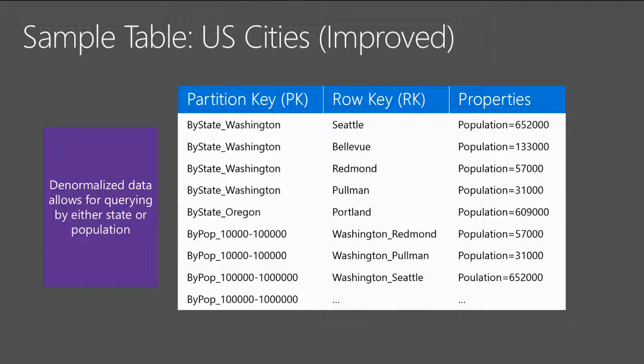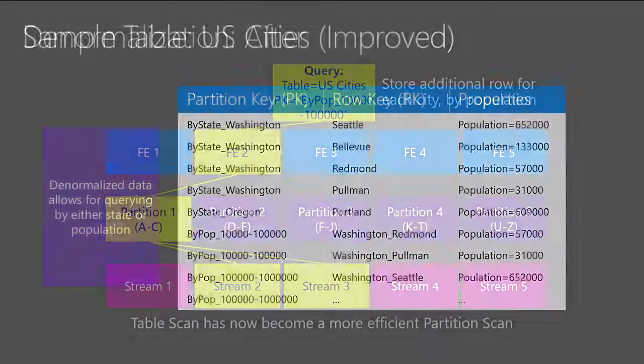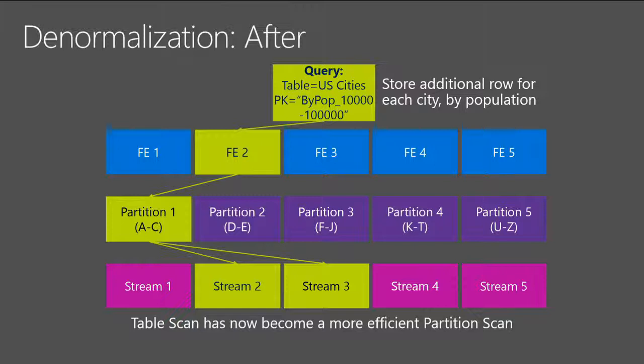So now if I know what population range I'm trying to get, then I can do a query that's just a partition scan. So in this one, afterwards, I say, get me all the cities that are between 10,000 and 100,000 people. Now this is a nice, much more efficient partition scan, not a table scan. So this is going to be much better than what we had before.